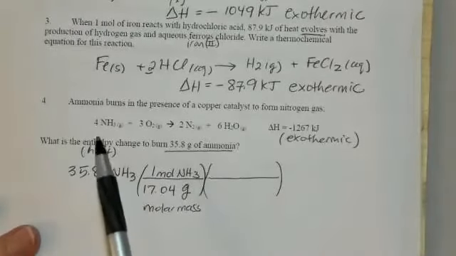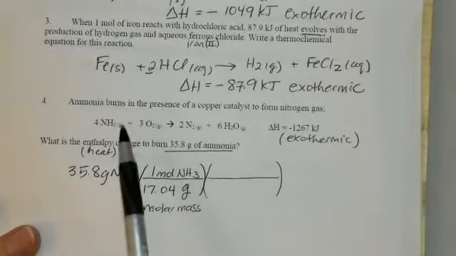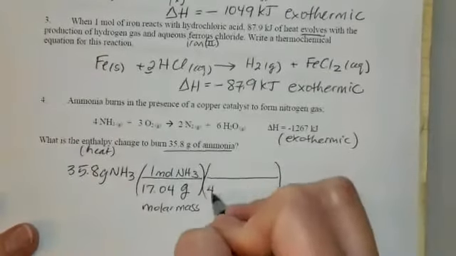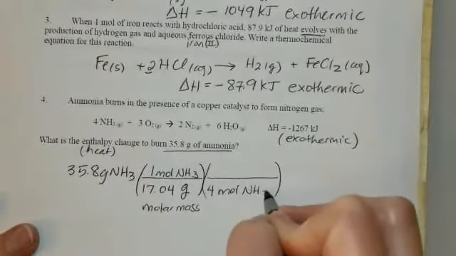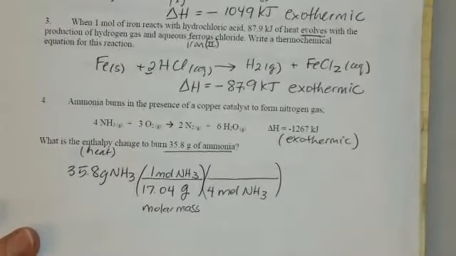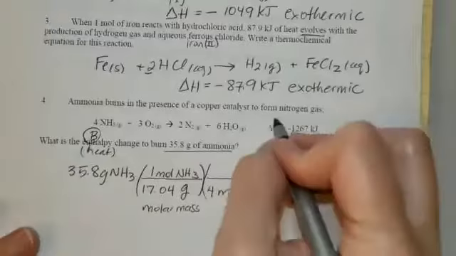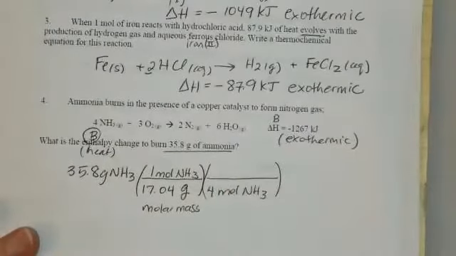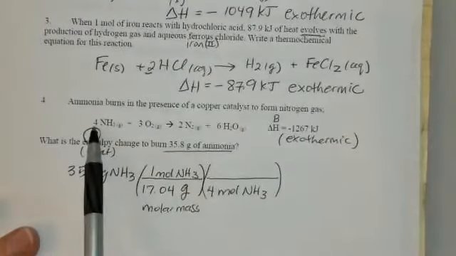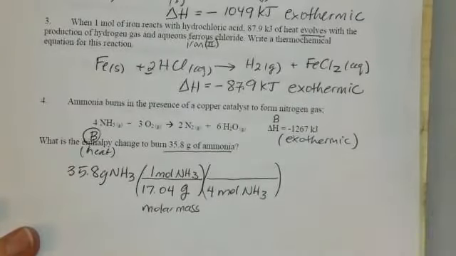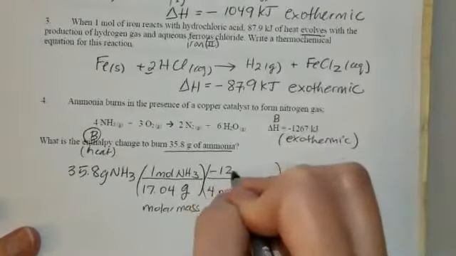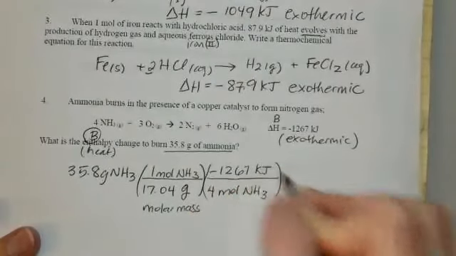What we're doing is we are going to get rid of our moles of ammonia on the bottom, right? So we want 4 moles of ammonia here. But instead of going to a B as a substance, our B is the enthalpy. So that means B is our H. So every time I react 4 moles of ammonia, I'm going to release 1,267 kilojoules.